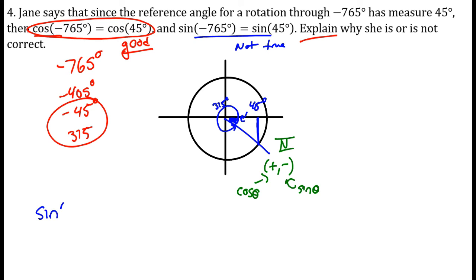The sine of negative 765 degrees is equal to the negative sine of 45, because we're in quadrant 4, and in quadrant 4 our y values are negative because sine is the vertical distance on our unit circle. So write a sentence saying she's correct there, but she's incorrect here because sine is negative in quadrant 4.